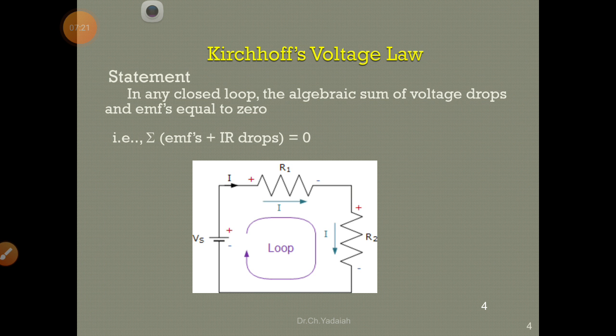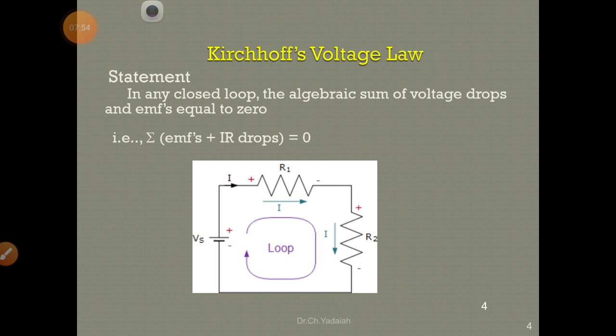In a closed circuit, your house, voltage sources, your father and mother, drops, IR drops, yourself, your brother and sister, and finally it is equal to 0. Whatever the amount is stored at the end of the month is equal to 0, because next month once again they will bring a salary. No need to save. Whatever the amount is taken, 30,000, you are consuming 30,000 at the end of the day.